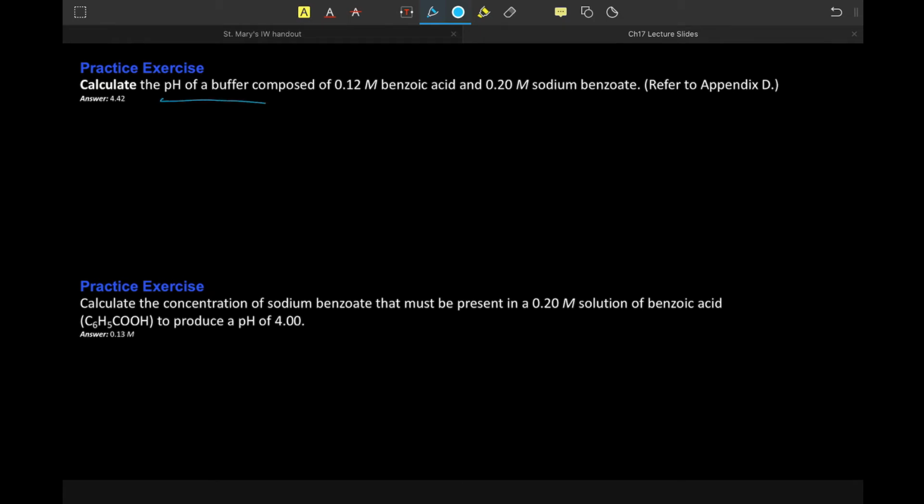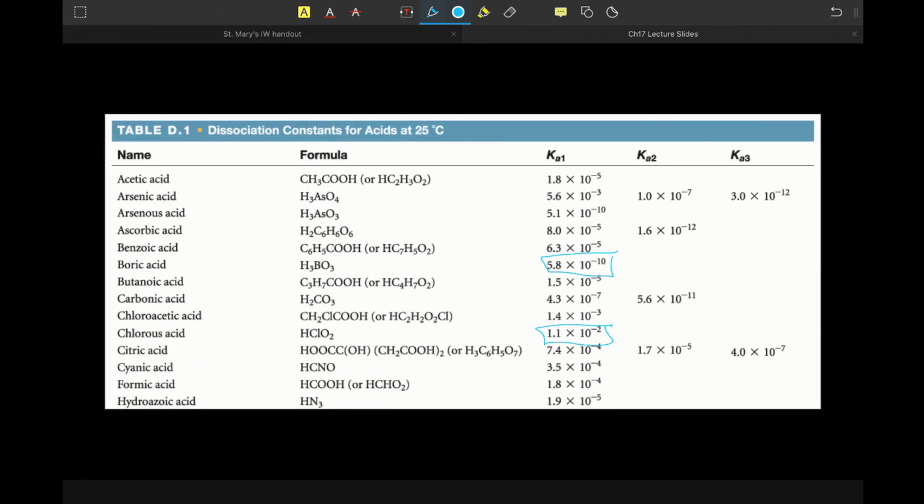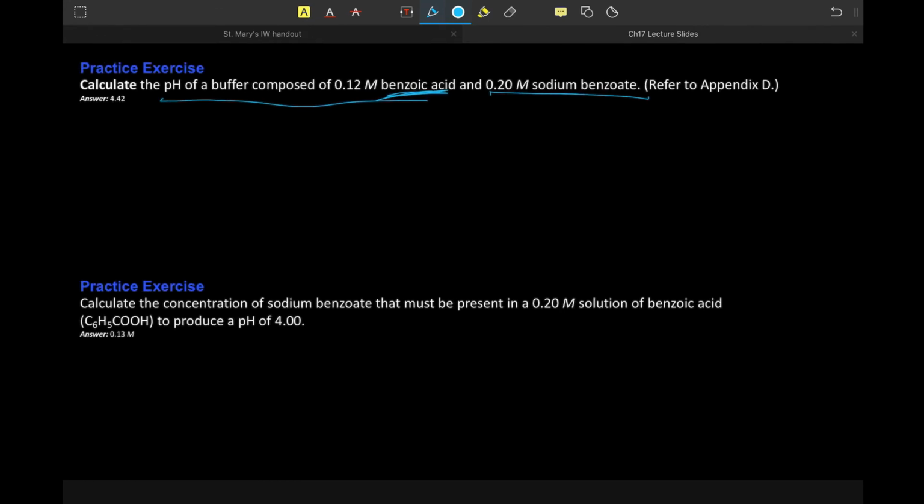It says to calculate the pH of a buffer composed of benzoic acid and sodium benzoate. So what do I need to know? We need to know the respective Ka for benzoic acid, which is 6.3 times 10 to the negative 5.